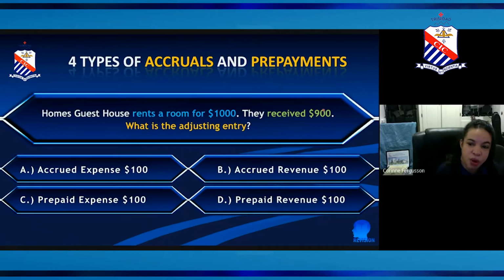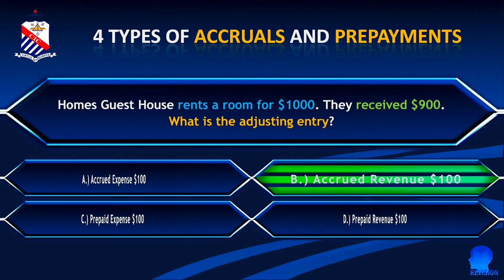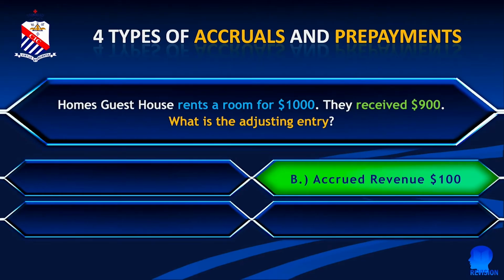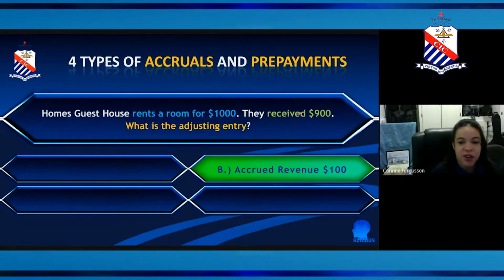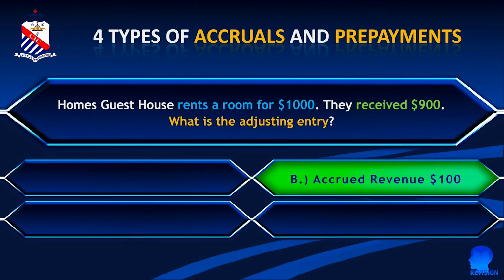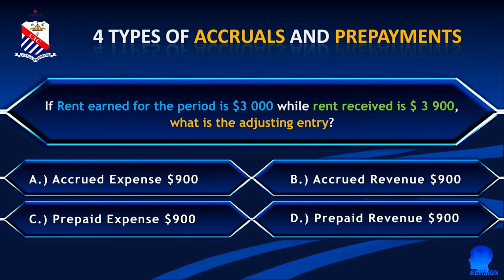Is it more or is it less than the amount earned? It is less. Whenever it is less, that means it's accrual. So then out of these two, your answer would be B. So everybody understands now. So we have 3 more to see if you will get it, having learned something.